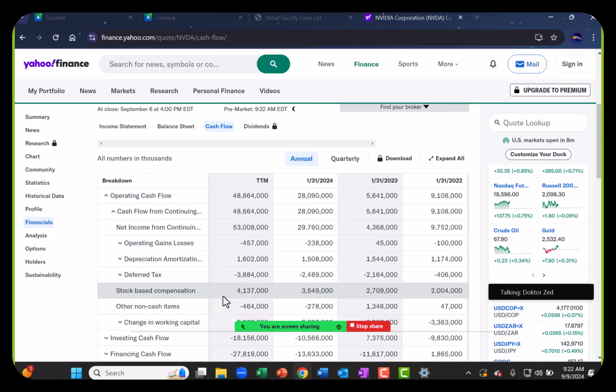So true R&D cost is probably about $6 billion. It's not a small amount. Their net income for 12 months is about 53 billion, so 6 billion is still about 10%.